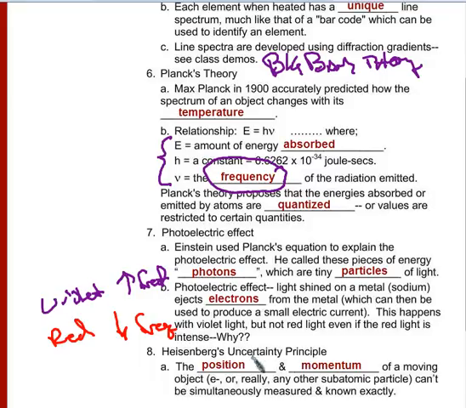The position is where it is. And the momentum is where it's going.